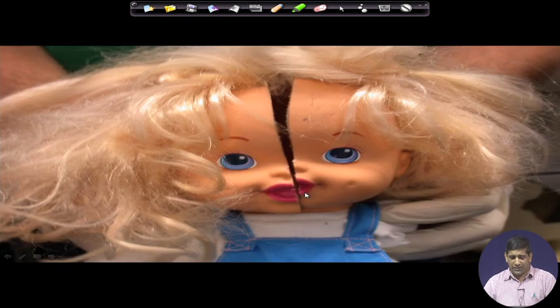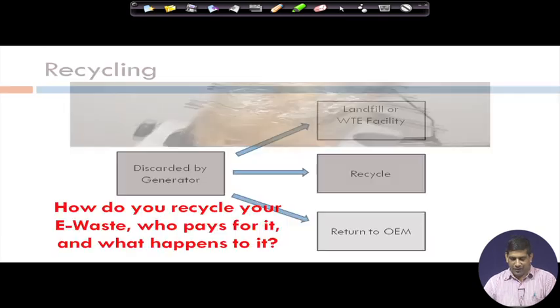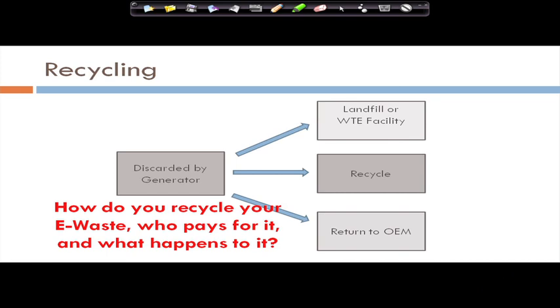All these toys, we had to take apart to do the TCLP test, put in there, and rotate, and we found it came out to be a hazardous waste, which again talks about how careful we have to be in how we interpret the information we get.